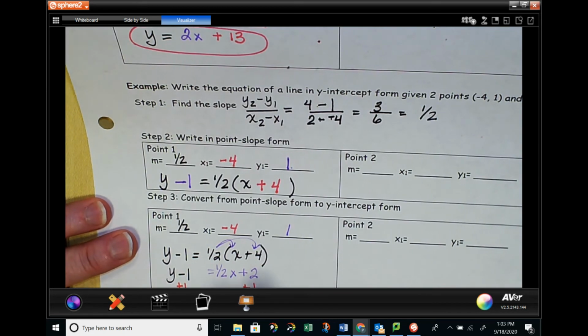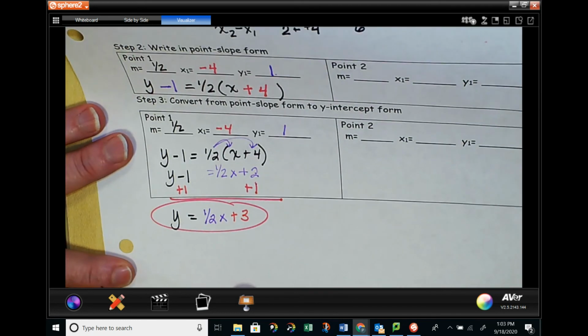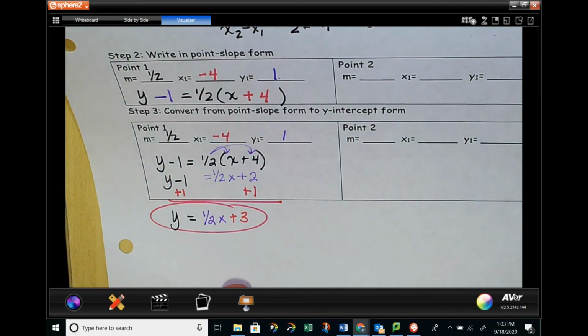Now y is equal to 1/2 x, and then 2 plus 1 is 3. I said all that, but you didn't get to see my paper, and if you were in class, you would have yelled at me, I know.